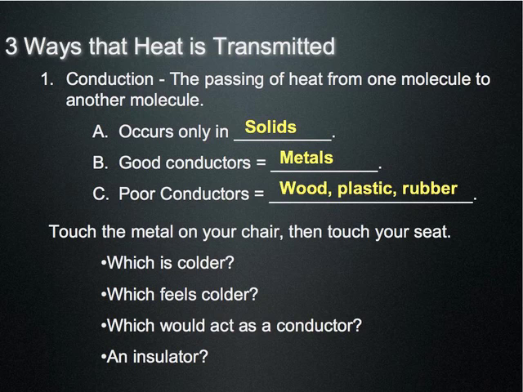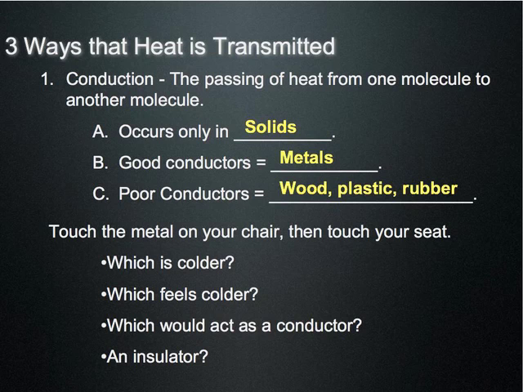So the question is, why? Because it can conduct heat. As you touch the metal, it conducts heat away from your hand. Because what's warmer, your hand or the chair? Your hand. So as we just talked about, heat will move from a warmer object to a cooler object.